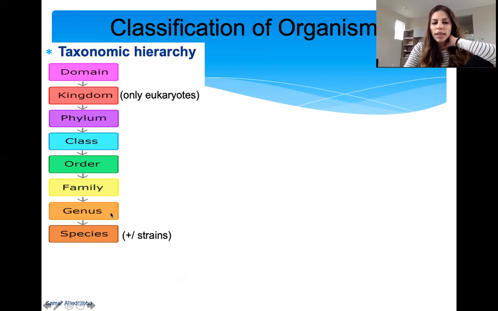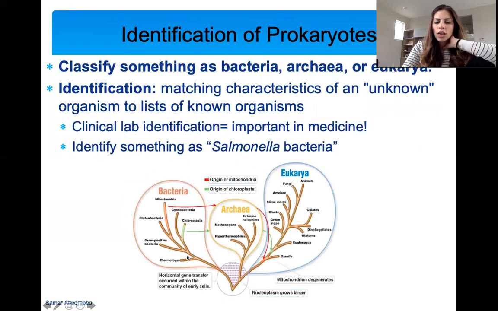And when you get down to the specific genus and species, you've identified the organism. Again, we classify something as bacteria, archaea, eukarya. You can do more classifications. And then identification is when you actually match characteristics of an unknown organism to a list of known organisms, and from those characteristics, you can decide what it specifically is.